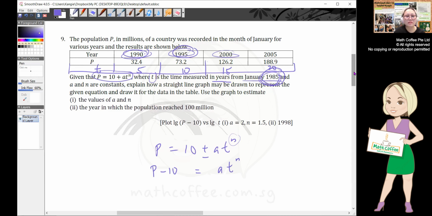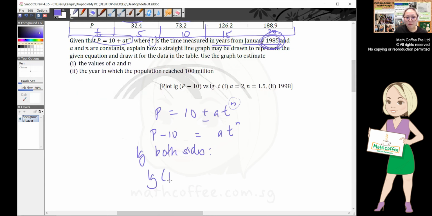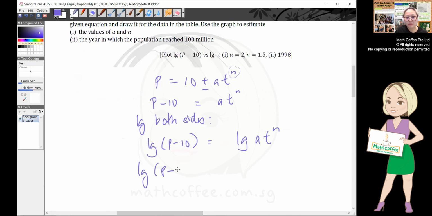Now, in this question, they never state big Y and big X, so you decide yourself. Let's say I log both sides. I will have log (P minus 10) equals log aT^n. Split it. So I have log (P minus 10) equals log a plus log T^n.